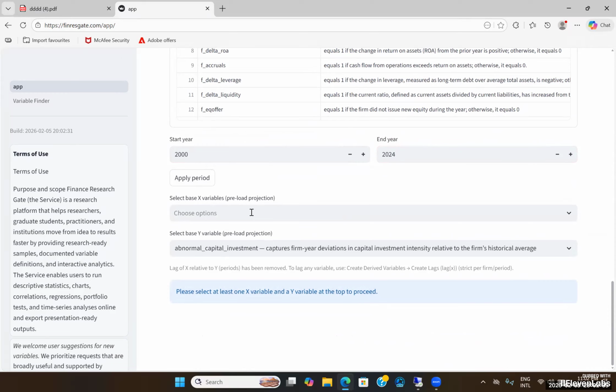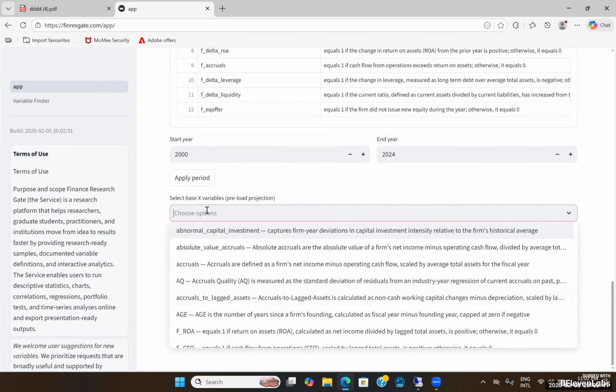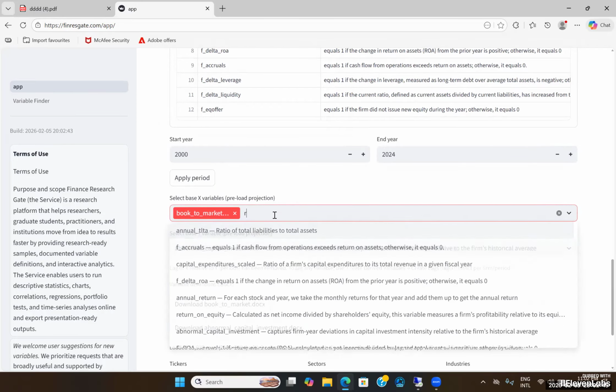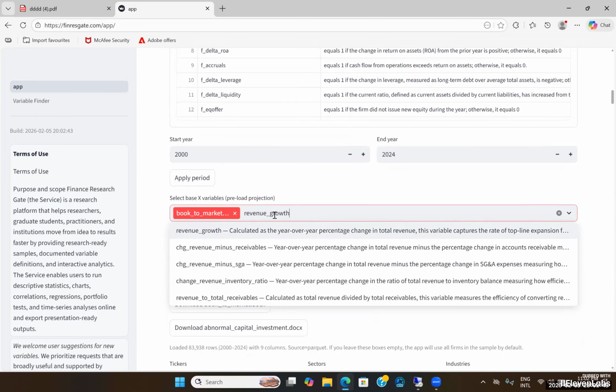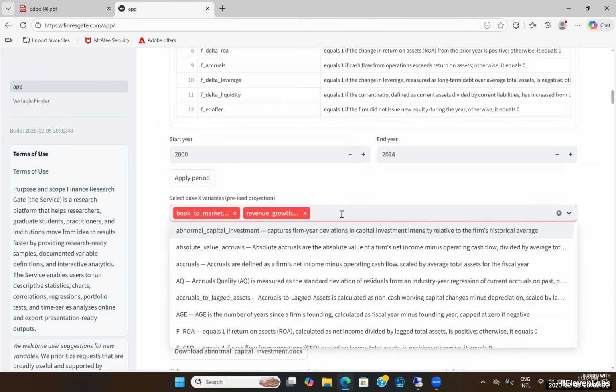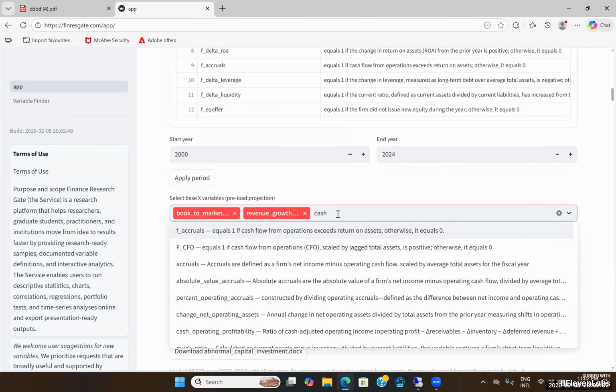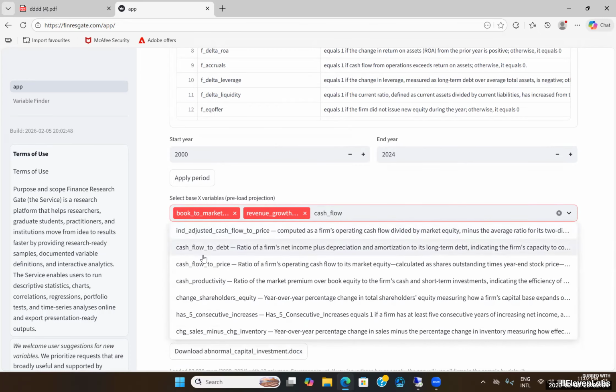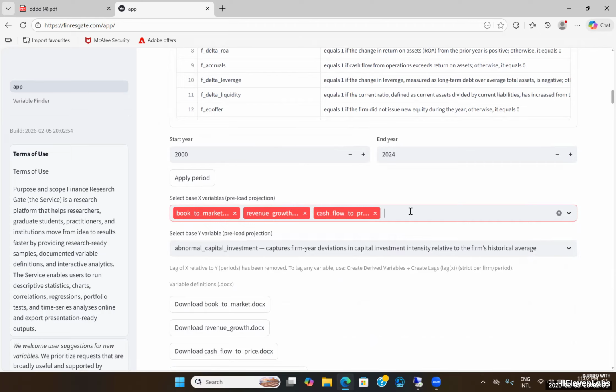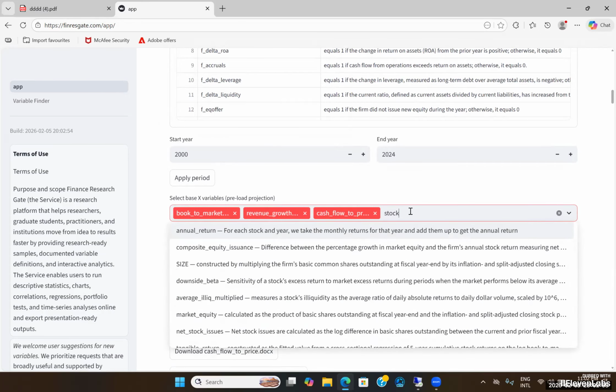The idea here is that we are going to model the R&D dynamic, the research and development, and the explanatory variables. They are book to market. Revenue growth. We have the option to select the cash flow category from the menu. And inventory and product availability.